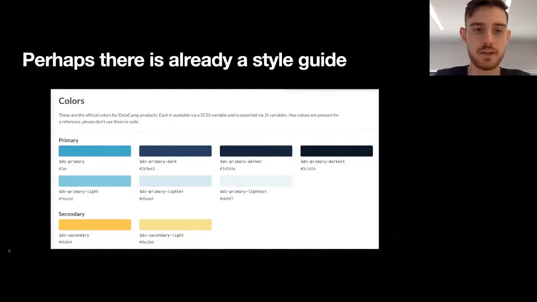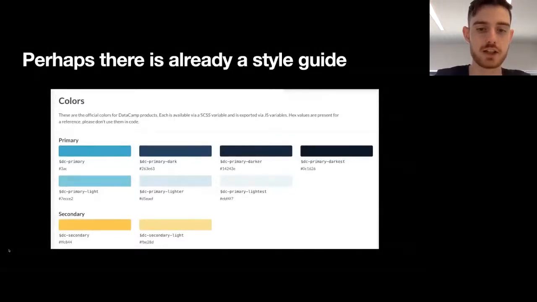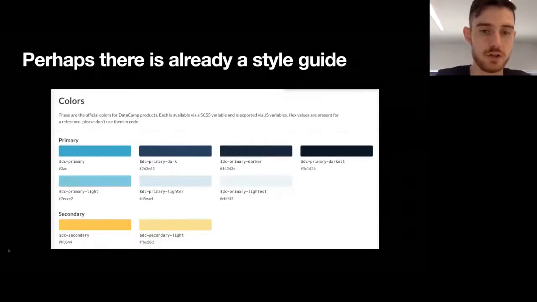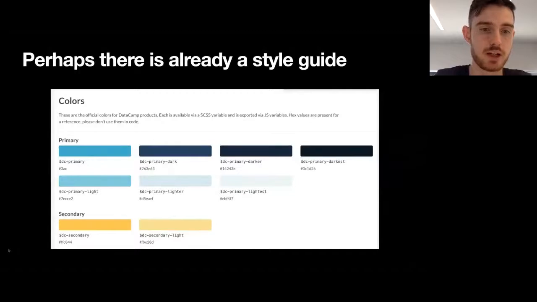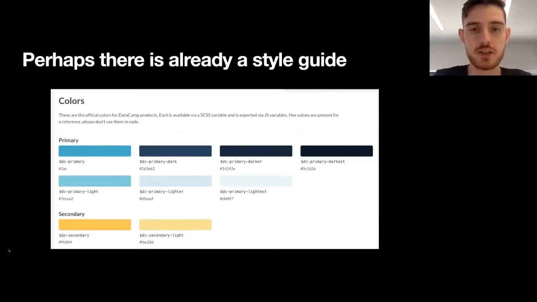Also, the documentation is very much a technical documentation. So it contains all the information for an engineer to be able to use this stuff, but as a designer or as someone else in the organization, it doesn't necessarily contain all of the context or the decision making as to why you would pick, for example, here, you see our different shades of our primary blue color. In what circumstances would you pick the different shades?